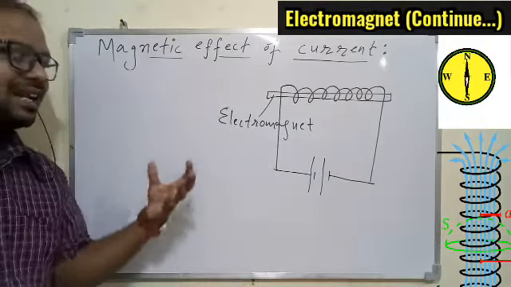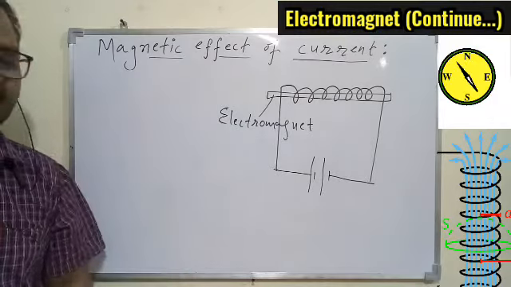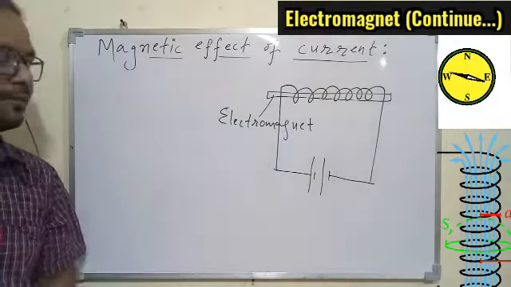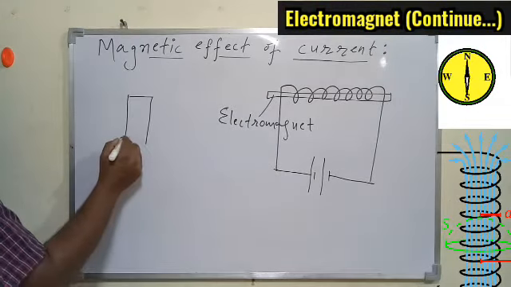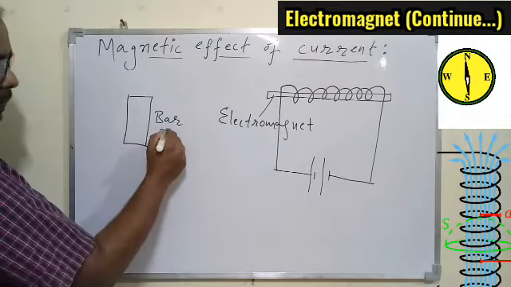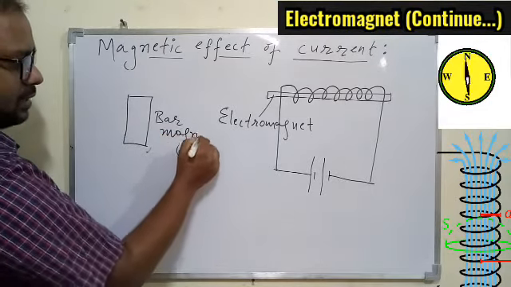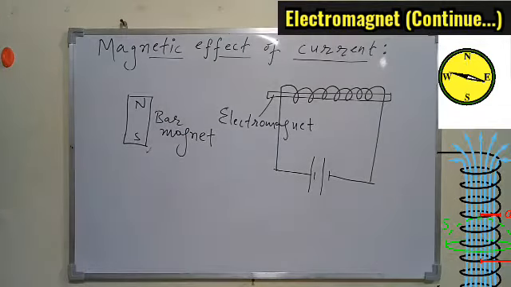So let's briefly understand why this magnetic material gets magnetized when it is placed within the coil. So very first you should know, if we have any magnet, just take an example, we have a bar magnet with a north and a south pole, one side north and the other south.